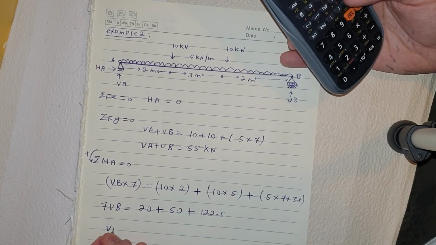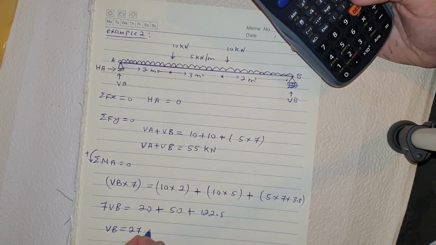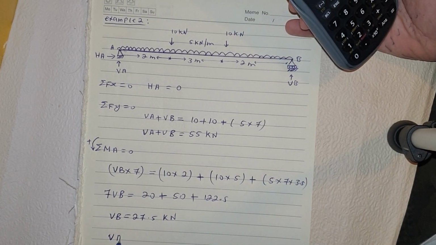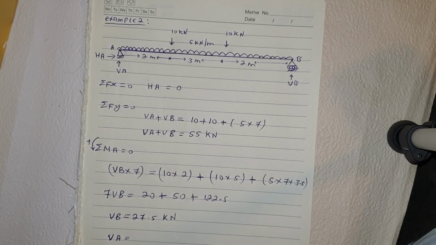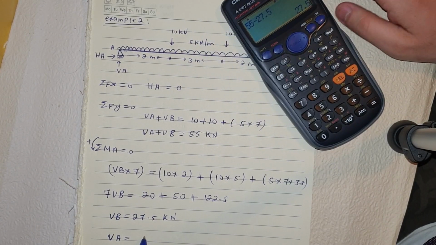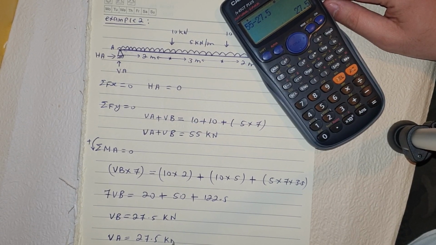122.5. So my VB will be equal to 20 plus 50 plus 122.5 divided by 7, and that will be equal to 27.5 kilonewton. And my VA will be equal to 55 minus 27.5, and that will be equal to 27.5 kilonewton as well.